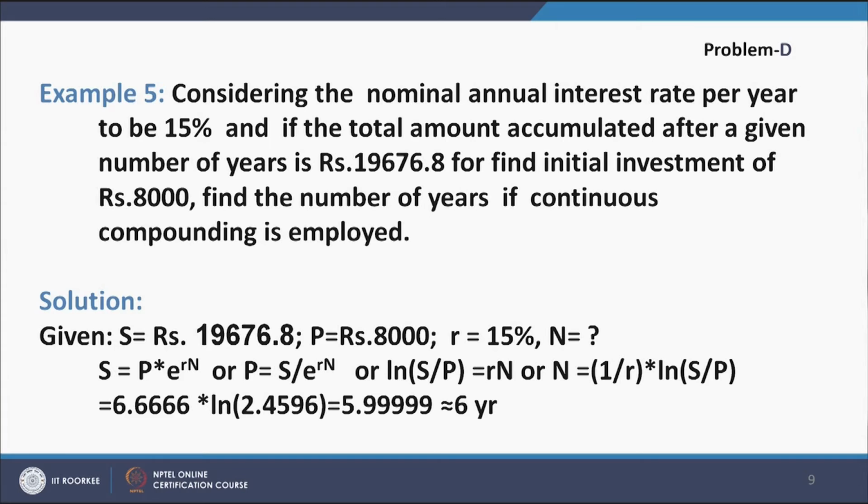That means, the rupees 8,000 invested with nominal interest rate of 15% will convert into rupees 19,676.8 in 6 years if continuous compounding is employed.